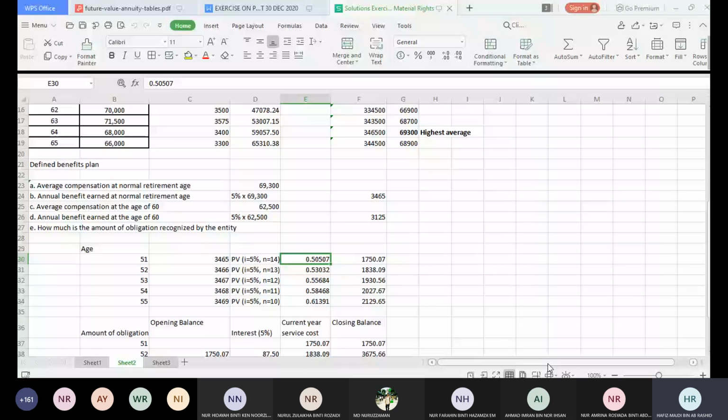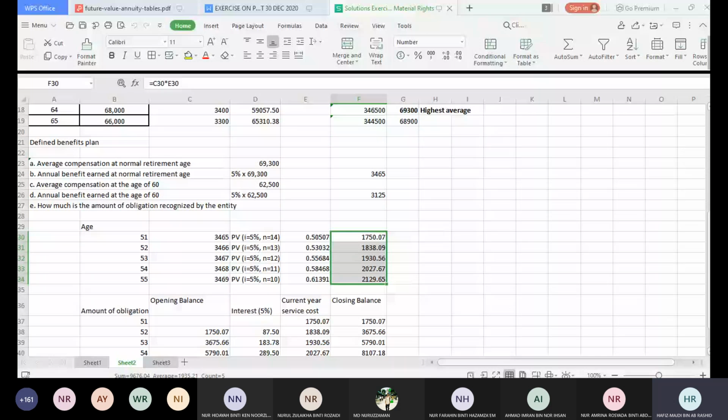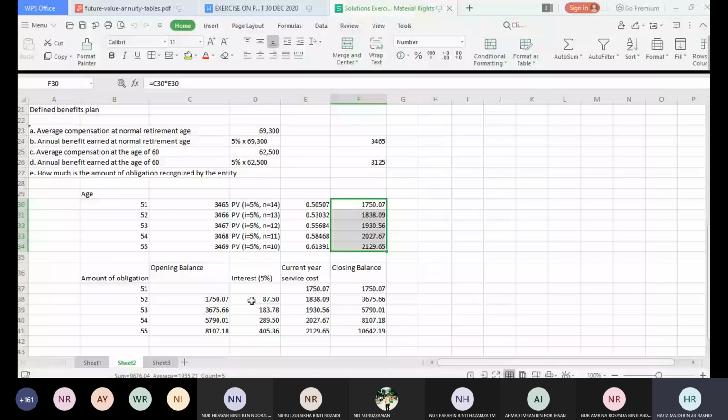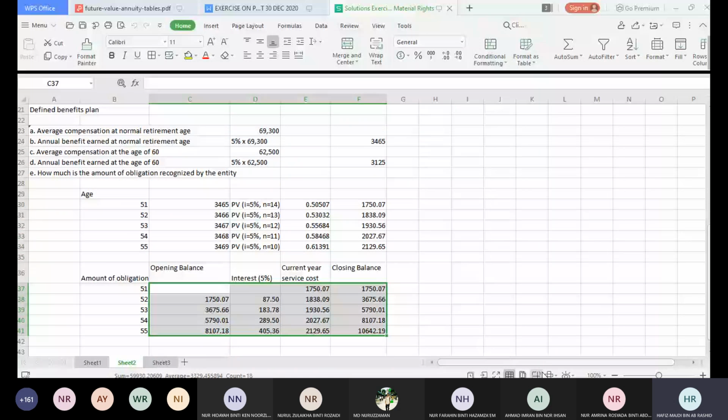So for the service cost of each respective year, the discounted or present value amount is calculated in the last column. Then if you want the total amount of obligation at the end of the year, you use the same table and the same process as illustrated in example 4.11, if I'm not mistaken.